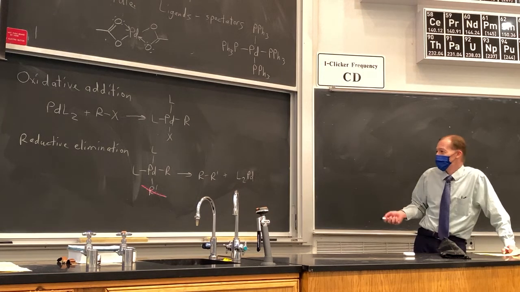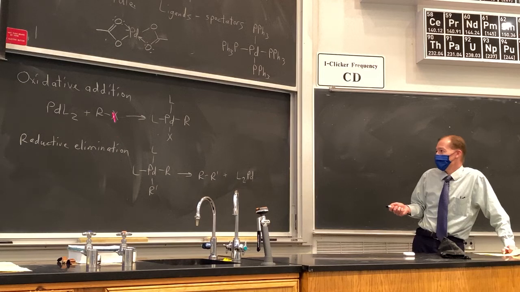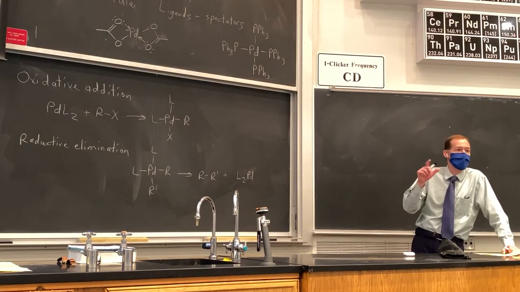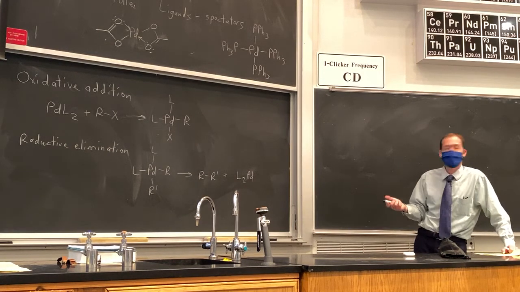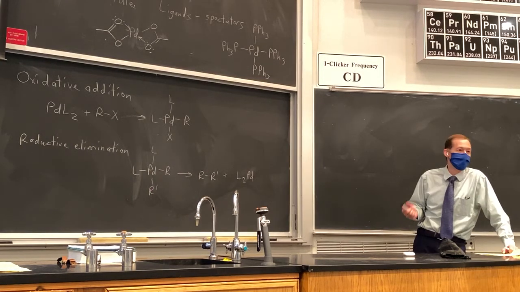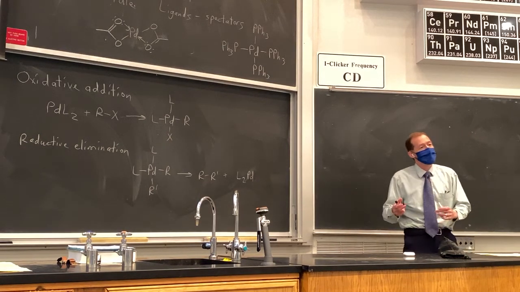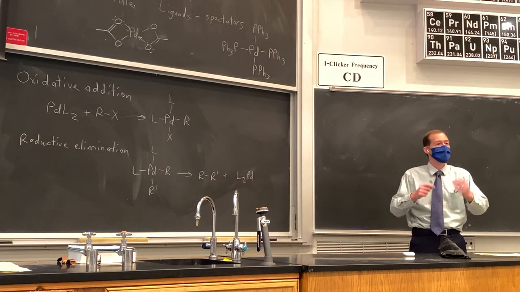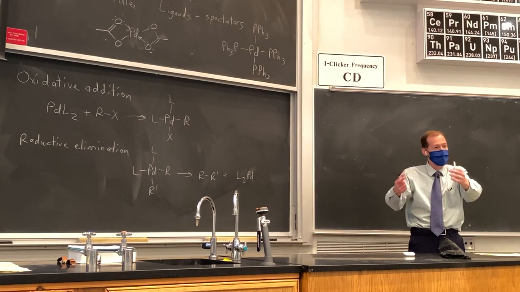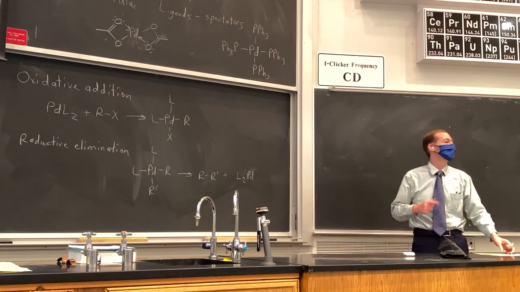Okay, so typically the way it's done, the thermodynamics favor oxidative addition with halides, because you're breaking a weaker carbon-halogen bond, and you're generating two sigma bonds from that, right? Here you're breaking two sigma bonds and forming only one, but this one is so much stronger than the ones you're breaking that it works. So Le Chatelier's principle usually doesn't apply. It usually goes in the direction of oxidative addition with carbon-halogen bonds, in the direction of reductive elimination with carbon-carbon or carbon-hydrogen bonds. Okay? Good question.